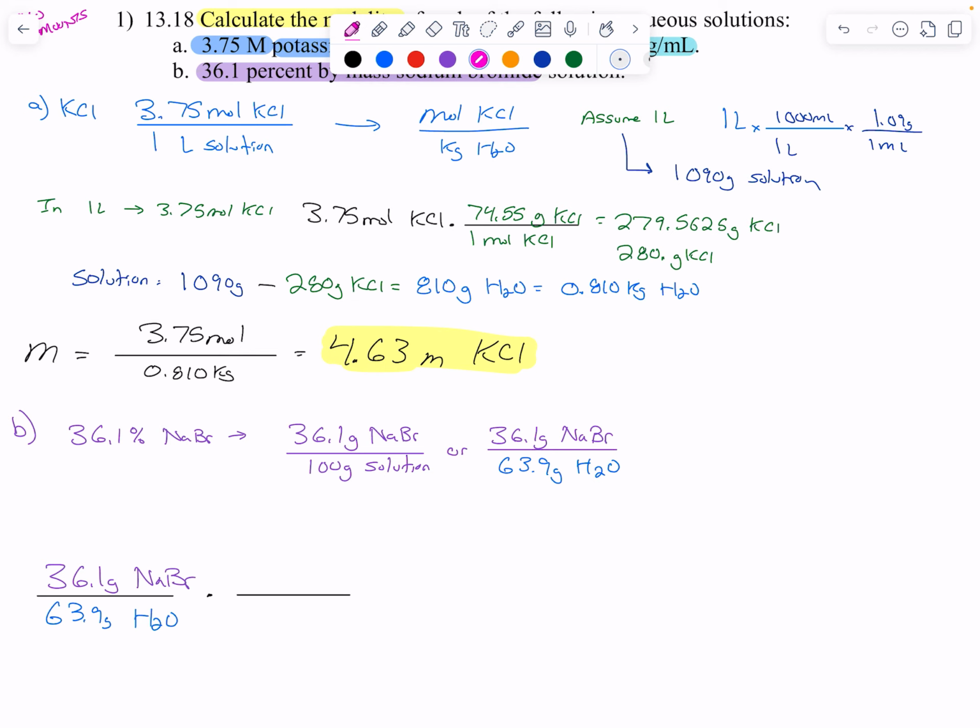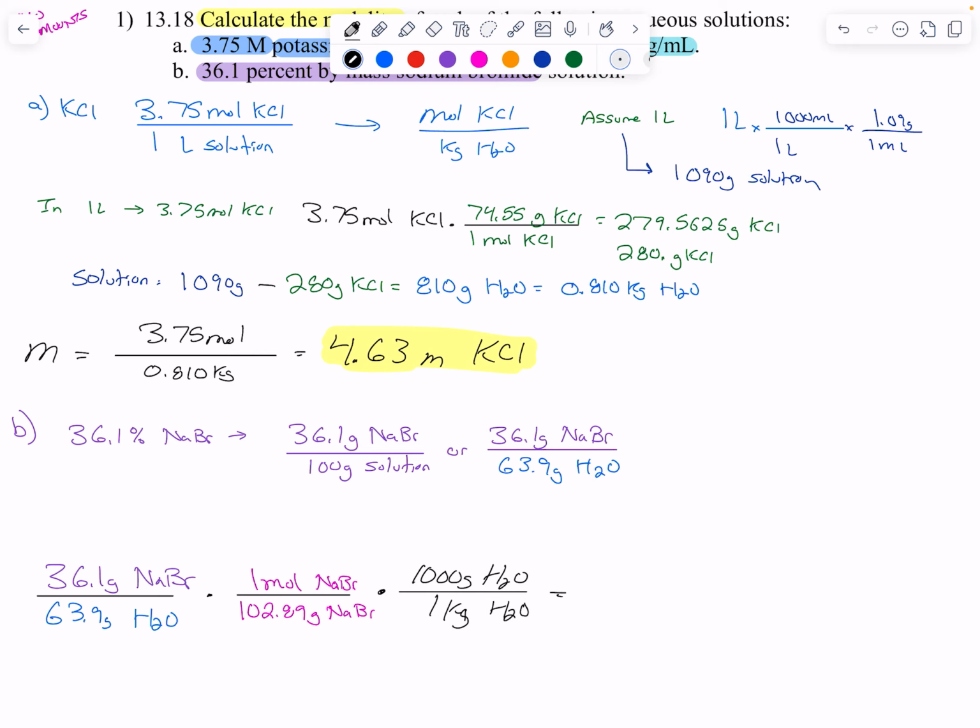So that gives me 102.89 grams of sodium bromide is 1 mole. Now we're in moles of sodium bromide. And then we know 1,000 grams of water is 1 kilogram of water.